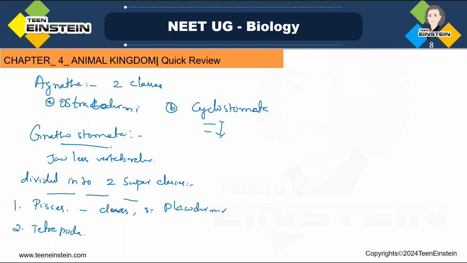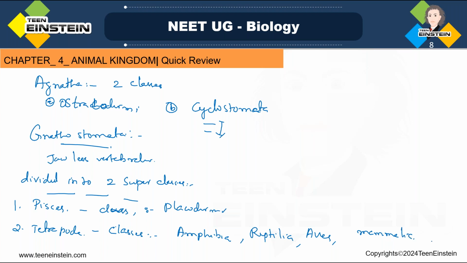Okay, and the second type, the superclass Tetrapoda, includes four classes: class Amphibia, then class Reptilia, Aves, then Mammalia. So these are the four classes.